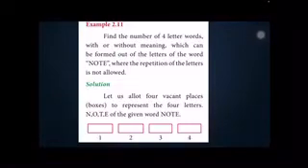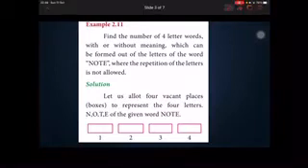Here, for an example, find the number of 4-letter words, with or without meaning, which can be formed out of the letters of the word NOTE, where the repetition of letters is not allowed. Okay, so 4 vacant places. In these 4 vacant places, we have to arrange the 4 letters N, O, T and E, with or without meaning.